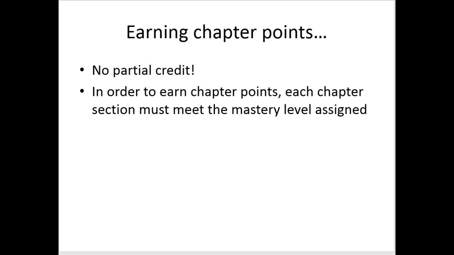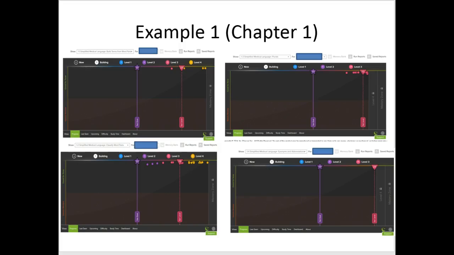And let me give you some examples of this. And I know this is small, but please bear with me. There are 4 sections to chapter 1 or module 1, okay? So each section has to meet the required level for me to give you 20 points. So in looking at section 1.1 in the upper left-hand corner, you'll see that this person, pink is your goal, where you stand currently. You'll see that section 1.1 is a 3.9.